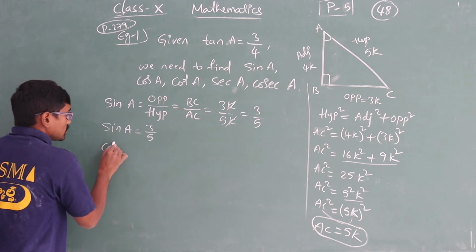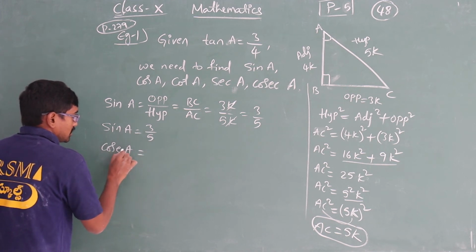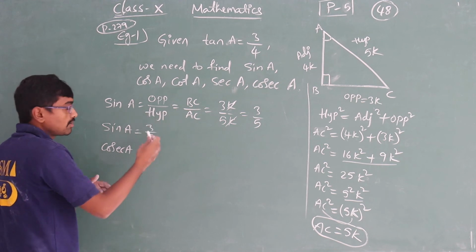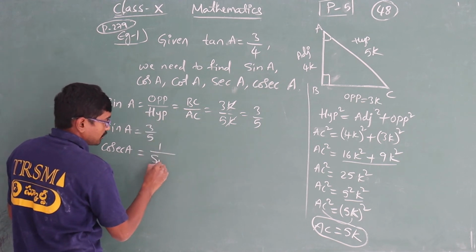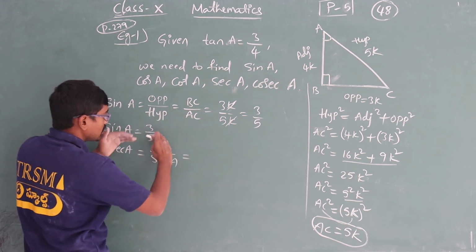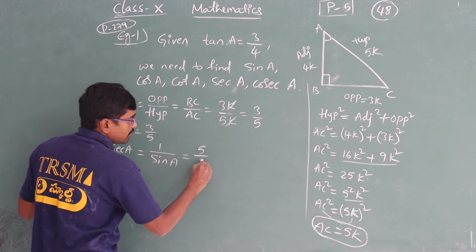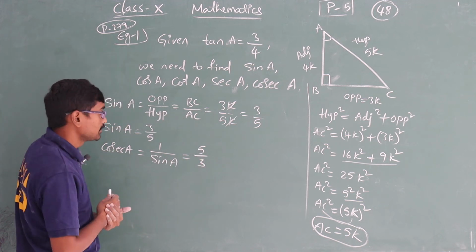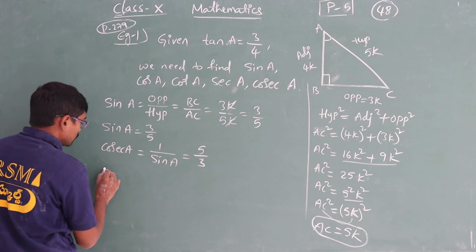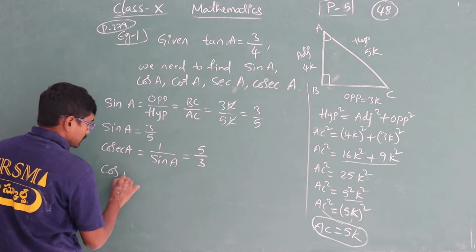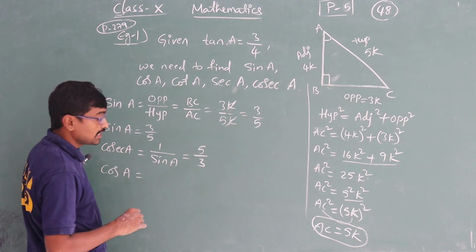Then what about cosecant A? It is exactly the reciprocal, 1 by sin A. So reciprocal, that is 5 divided by 3. Am I right?